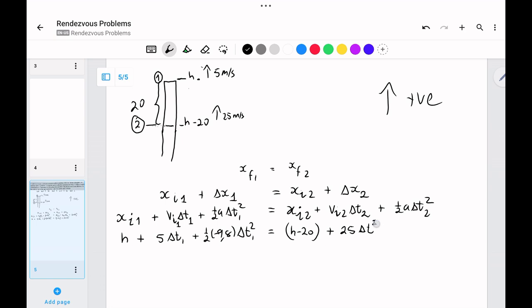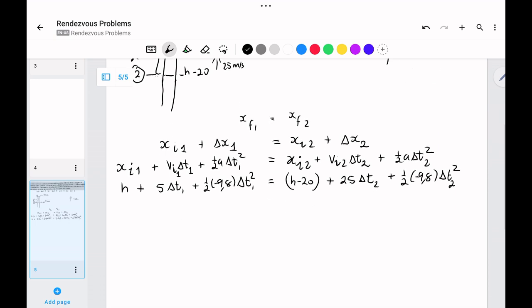There is no square on this time. It is simply the time for object 2, plus 1 half minus 9.8 delta t for object 2 squared.